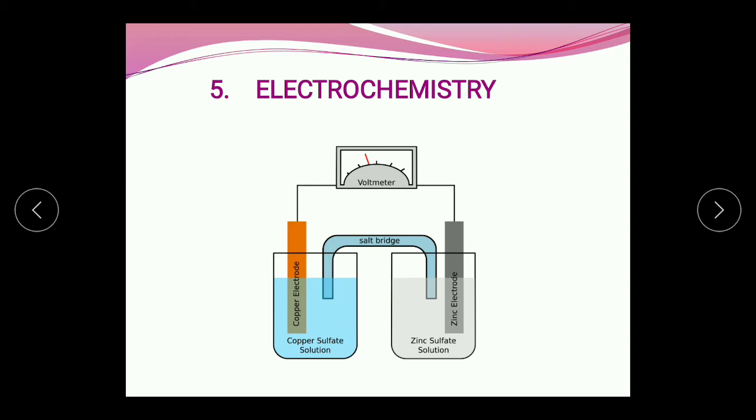Hence, it is oxidation. Now, these two electrons will come towards the cathode through the external circuit, whereas the cathode is negatively charged, the positive Na+ ions will migrate towards the negatively charged cathode and there they are reduced by gaining the electrons which come from the anode.